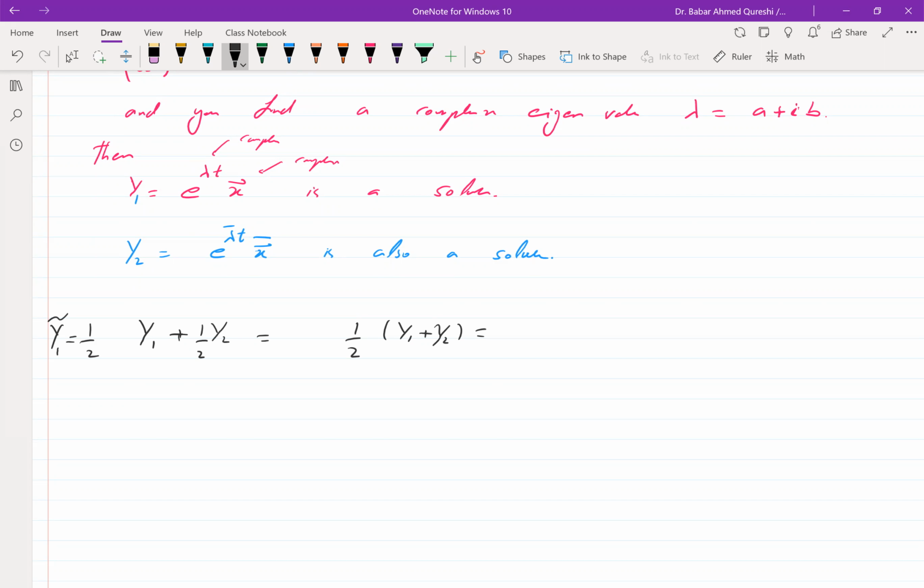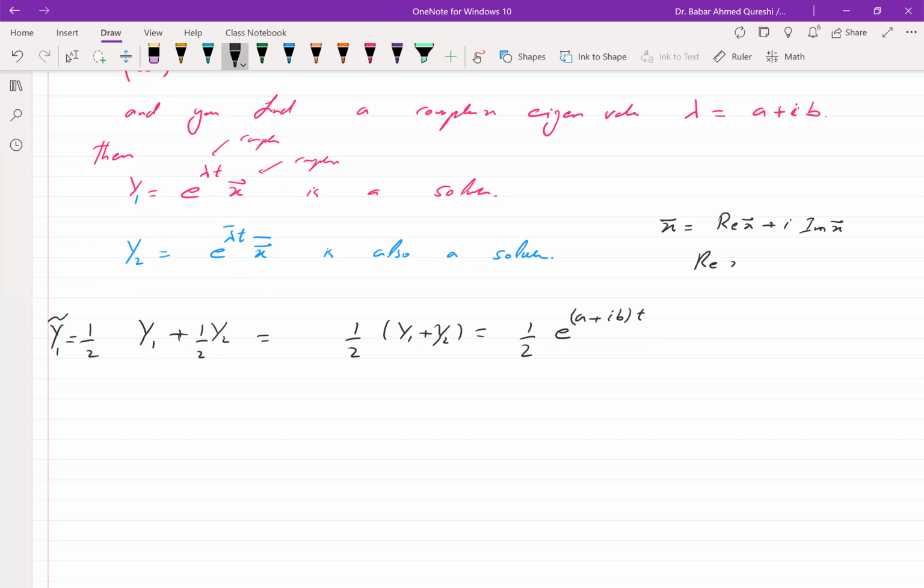So this is just half e to the a plus iota b of t plus the conjugate term. I'm explicitly writing lambda as a plus iota b, and this x will have a real part plus iota times an imaginary part.